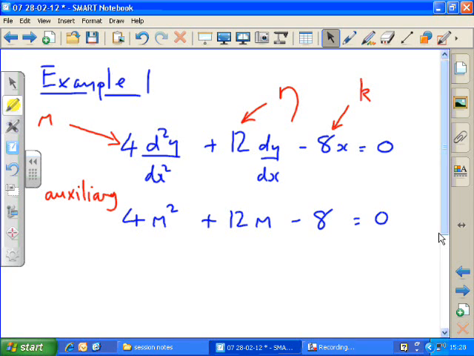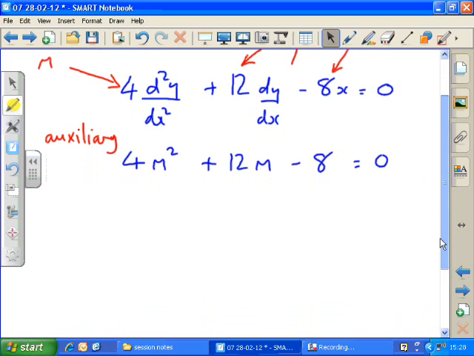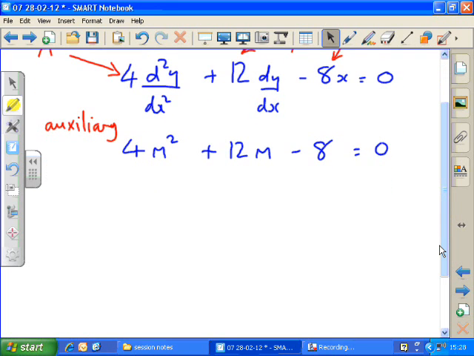But the bottom line, as far as us engineers are concerned, is we just replace the d2y dx squared by m squared, dy by dx by m, and form this thing called the auxiliary equation. Now all we need to do is solve this quadratic equation and find the values for k1 and k2, the roots.